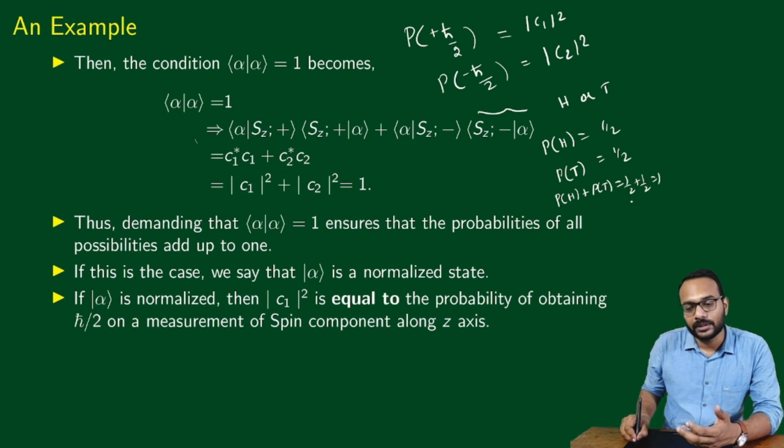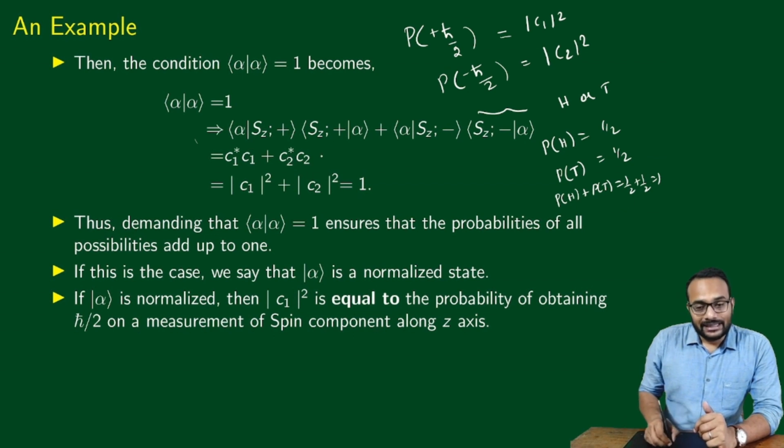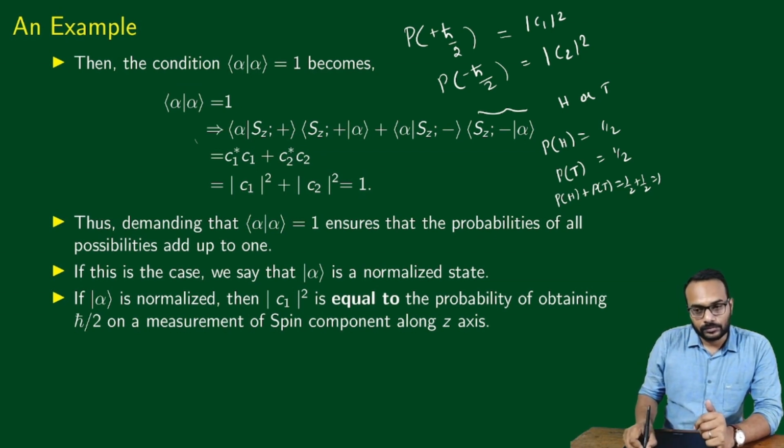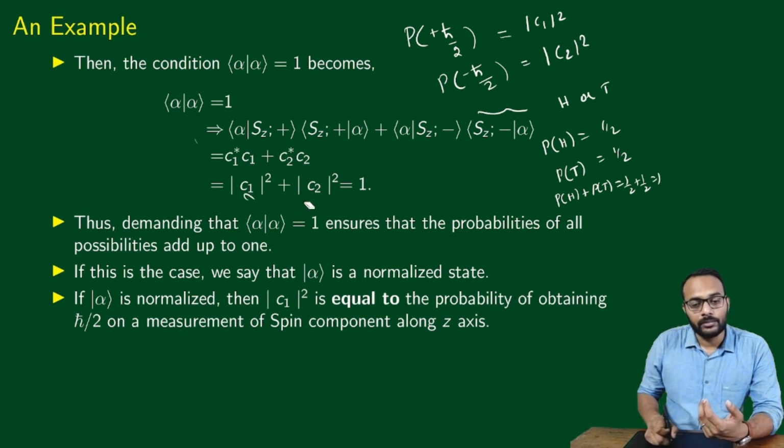If you add up the probabilities of all the possibilities, you should get 1. So if you choose alpha as a normalized state, then this proportionality that we postulated earlier can be made into an equality. We get the probability of each possibility. If you add them, you have to get 1. Otherwise, it's not a probability.